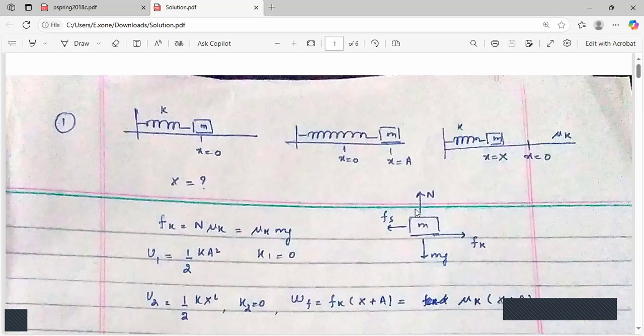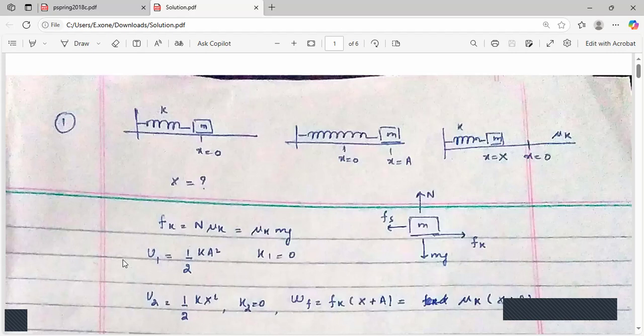The normal force and the gravitational force cancel each other because there is no movement in the vertical direction, so the normal force is equal to mg. Plugging it in, the kinetic friction has the form mu k mg.